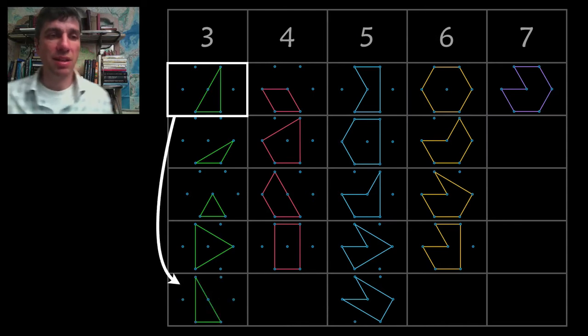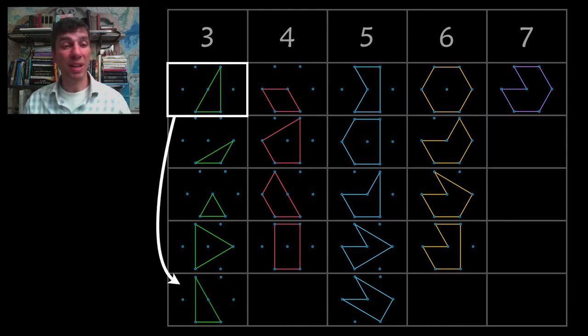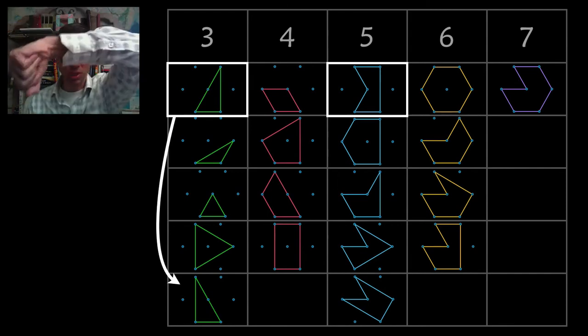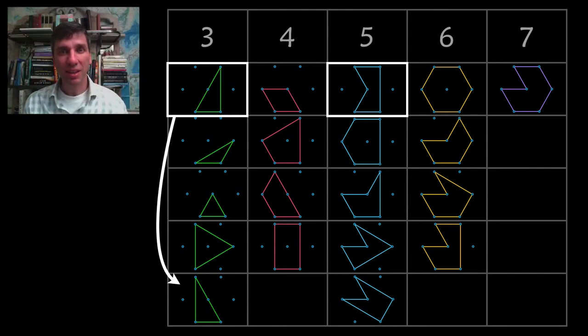So see the triangle there, the student would say, well, I need to count both of those triangles because I can't get from one to the other without flipping. But for this pentagon up here, the student correctly did not place the mirror image of that pentagon because all that he had to do was to rotate his plate. If he got a piece of pizza in that shape, all he had to do was to rotate his plate around. He didn't have to flip it over so that the cheese side was down.